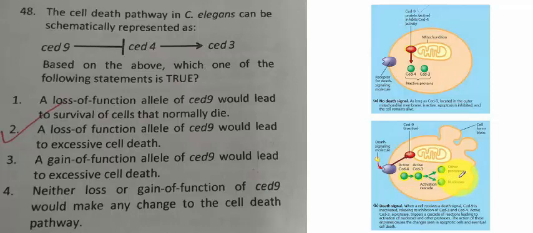So what happens in the presence of a death signal? The cell receives a death signal, so the CED9 protein is no longer active.